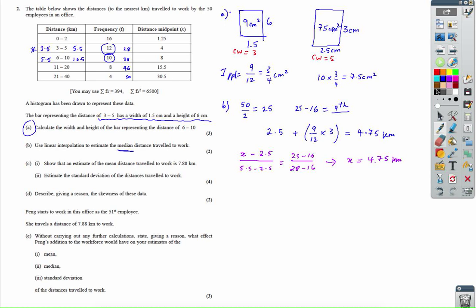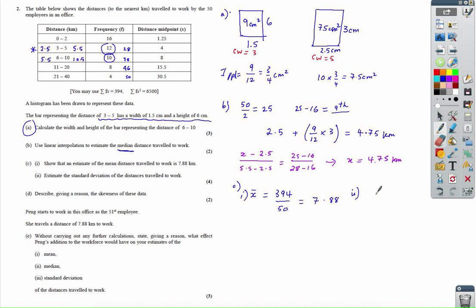Okay, part C. Show that the estimate of the mean distance travelled to work is 7.88 kilometres. Only 1 mark for this. You should know that the mean is the sum of all the values divided by how many values, and there were 50 things looked at. 7.88. You need to learn your formulas for mean and standard deviation, especially as the next bit is calculate the standard deviation.